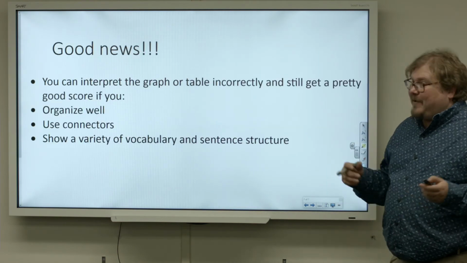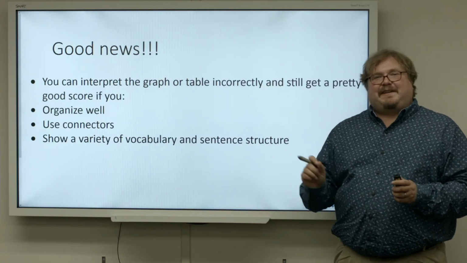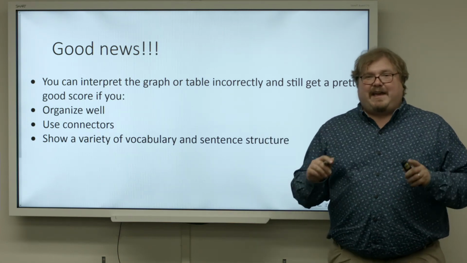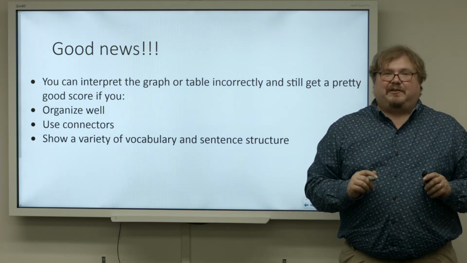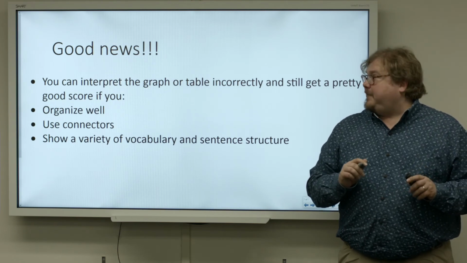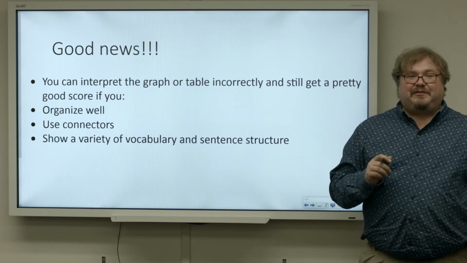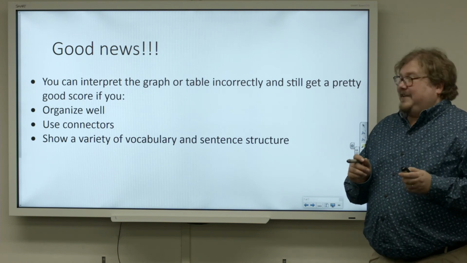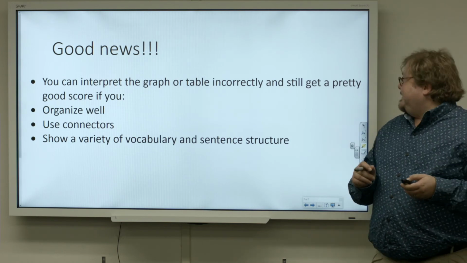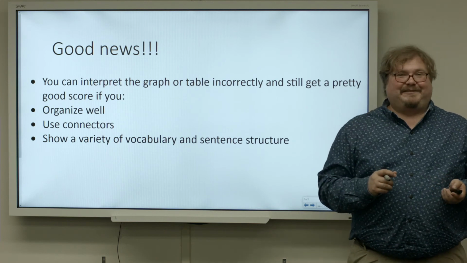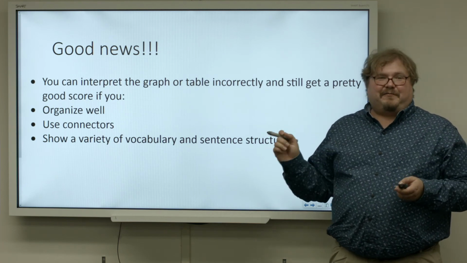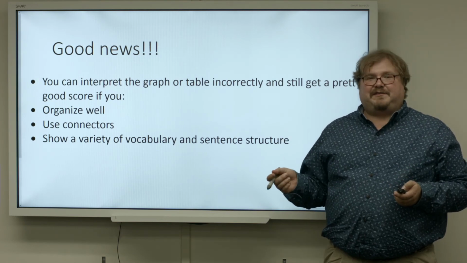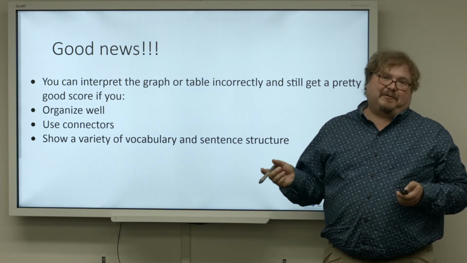Okay. Finally, I looked at the sample answer for the table that we just saw, and you can find it on our content area. And there's some good news there. You can interpret the graph or table incorrectly and still get a pretty good score. The person that made the sample answer there thought that it was about the number of people that traveled that way.